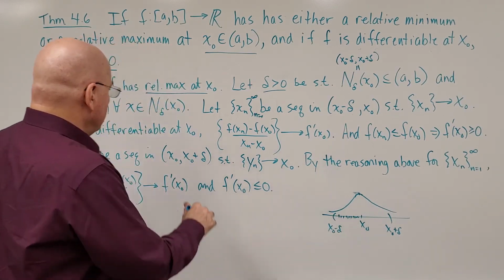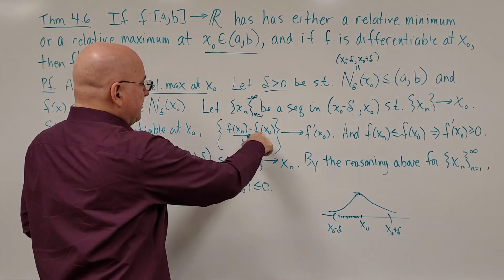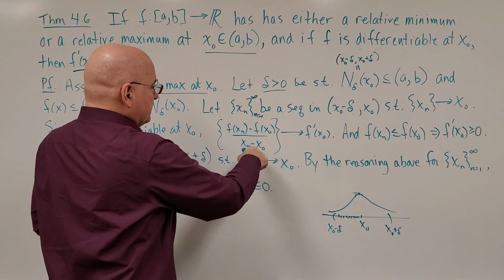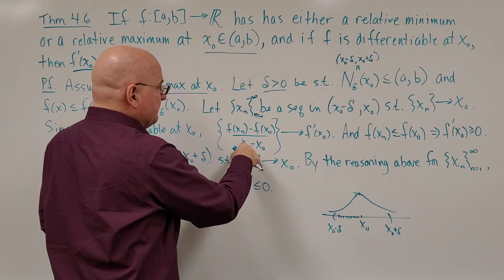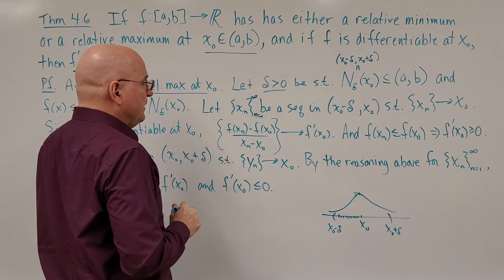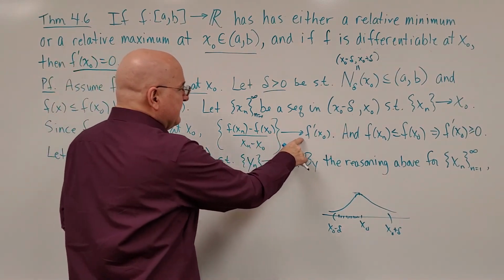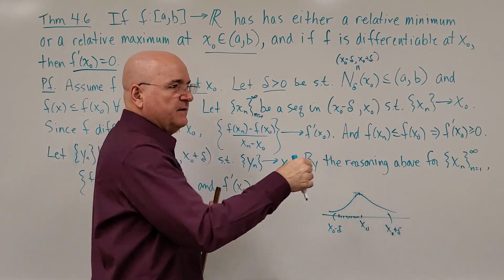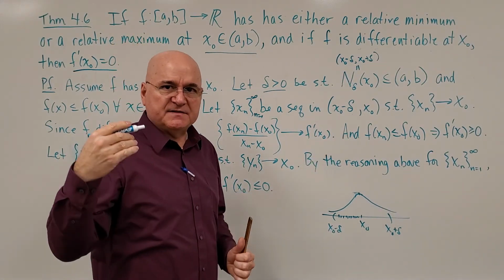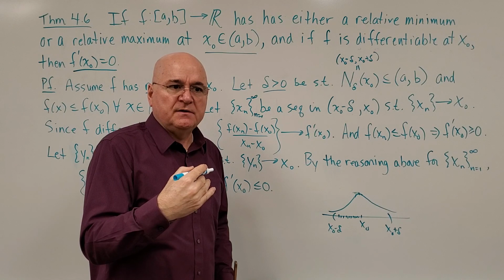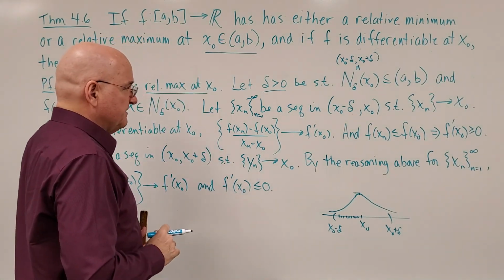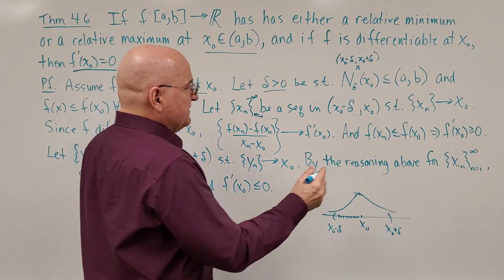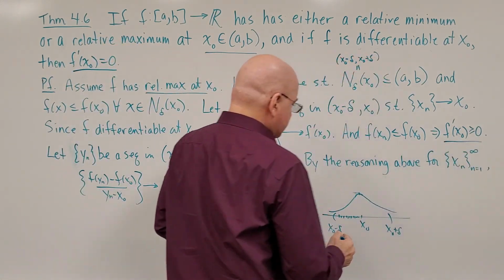That implies, since x n never equals x naught, every number in here is going to be a positive number, which means that the limit is going to be greater than or equal to 0. Remember, you can have a sequence of positive numbers that still converges to 0, which is not a positive number. So we know that the derivative is greater than or equal to 0.